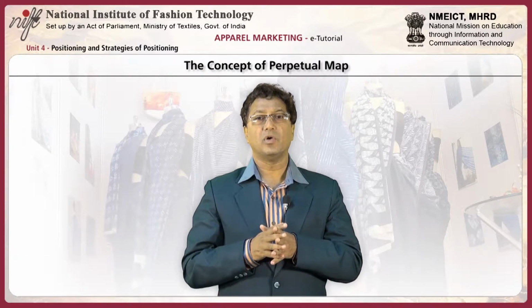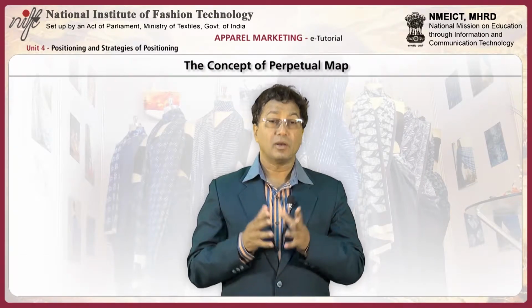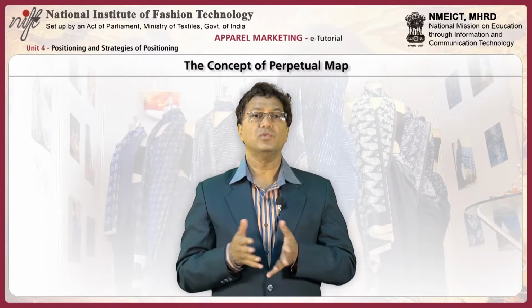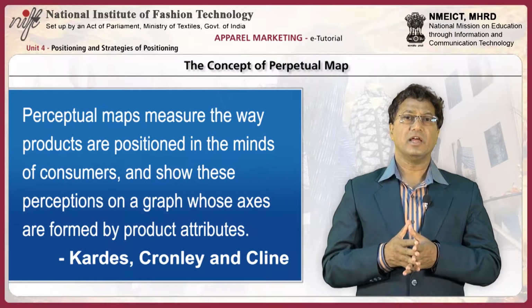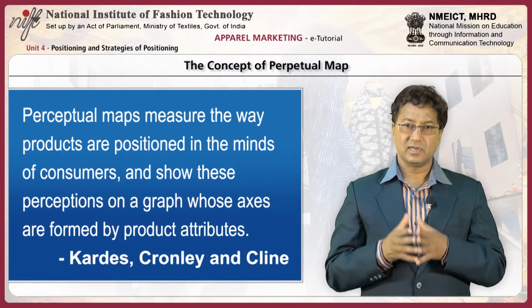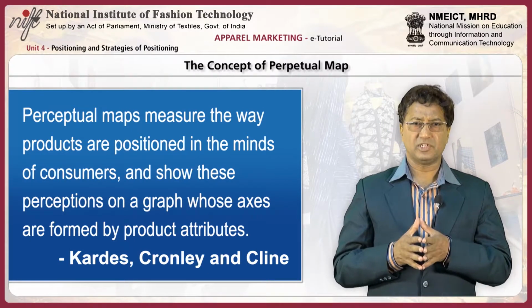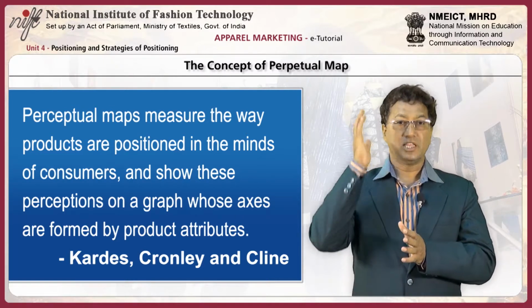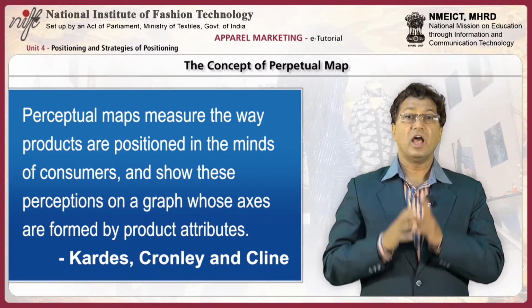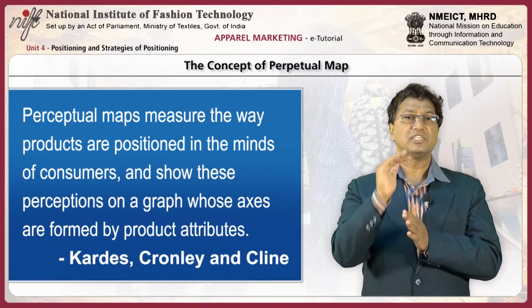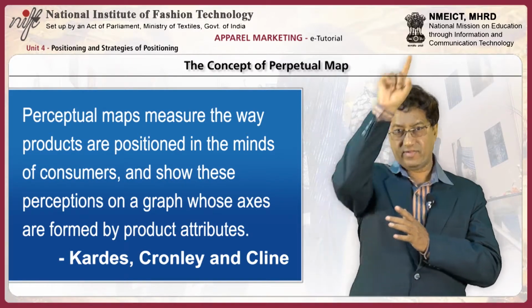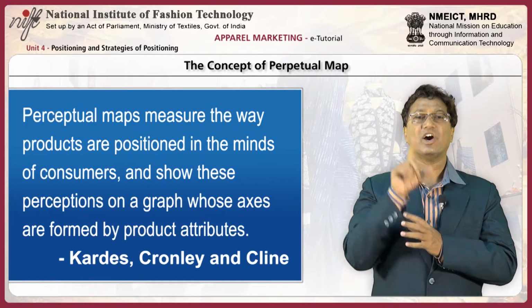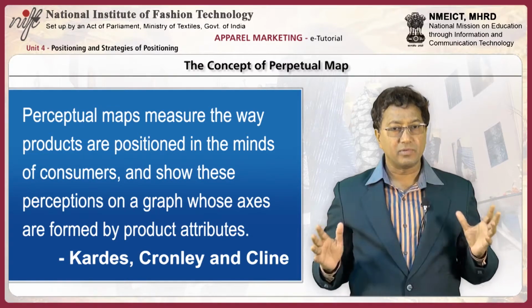Now, let's move on to perceptual maps and their use. Cards, Cronley and Klein remarked that perceptual maps measure the way products are positioned in the minds of the consumers and show these perceptions on a graph whose axes are formed by product attributes.